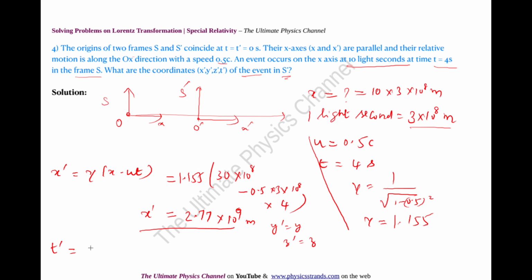t prime is equal to t minus ux over c squared, multiplied by gamma, of course.